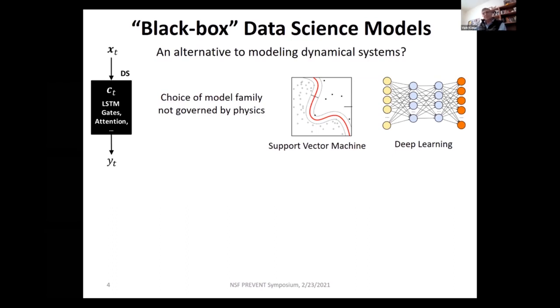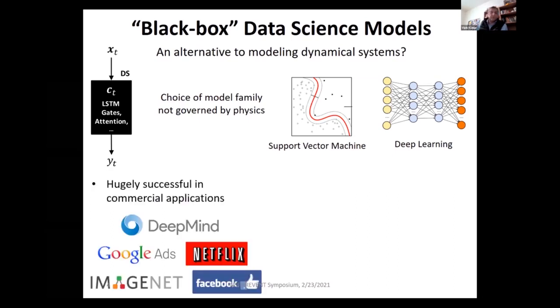So there's a huge tradition of these data science models dating back many decades. But most recently, for example, deep learning has become an extremely powerful tool, which has already been hugely successful in many commercial applications and is increasingly being pursued for application in scientific domains.